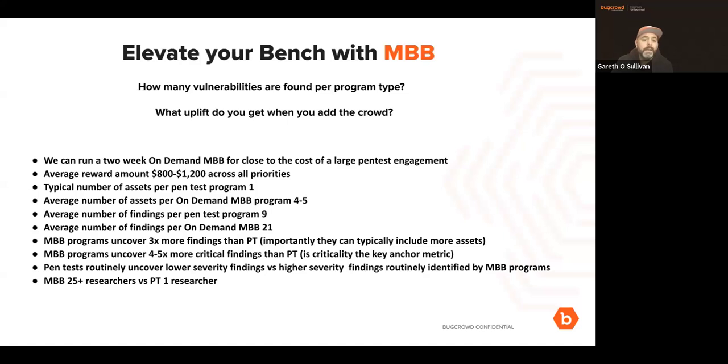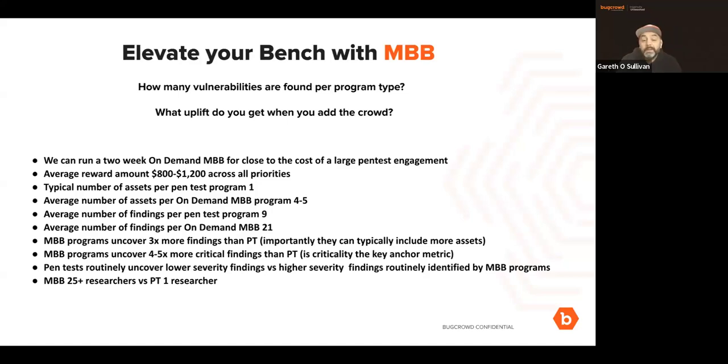And then there's that comparison between pen tests, which routinely uncover lower severity findings, versus higher severity findings in bug bounty programs. And there's reasons for that. Again, pen tests are usually methodology based. There's time constraints, whereas with bug bounty, hackers can spend their whole time engaged on the program just looking for individual types of issues that they're expert at finding, and could be very impactful and more esoteric or business logic focused and so on.